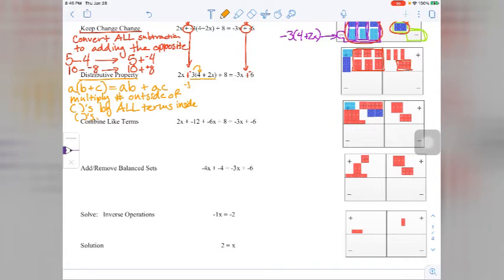So -3 times 4 is going to turn into -12. This is coming from here, and I see that in the next equation right there. I can see where it's written, so we're rewriting that.